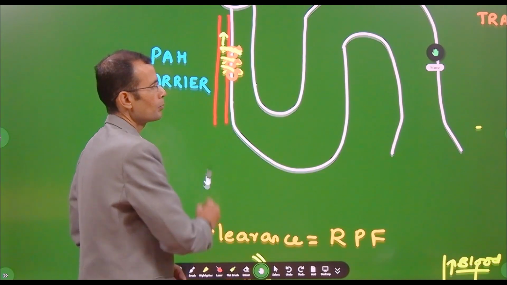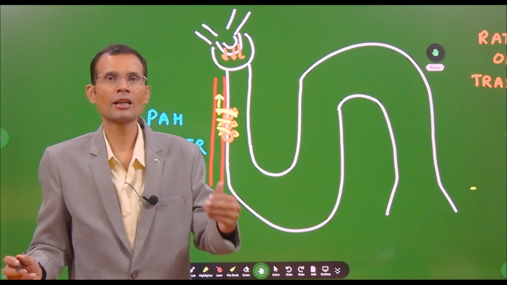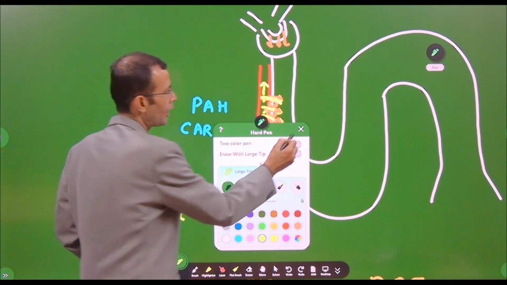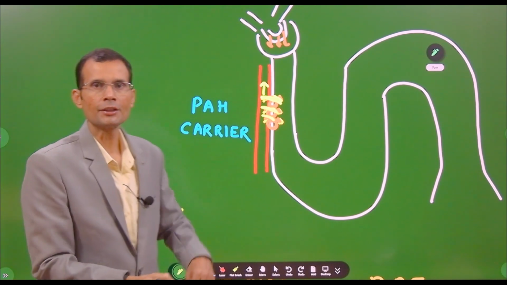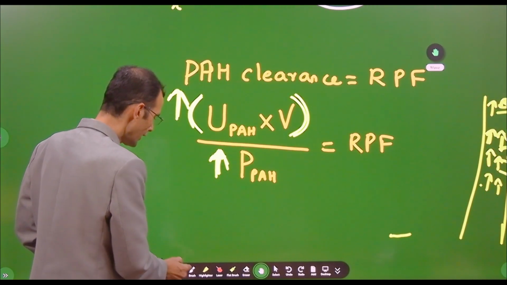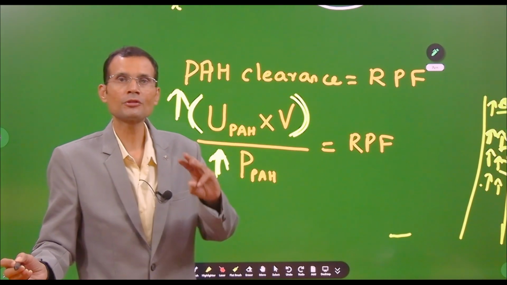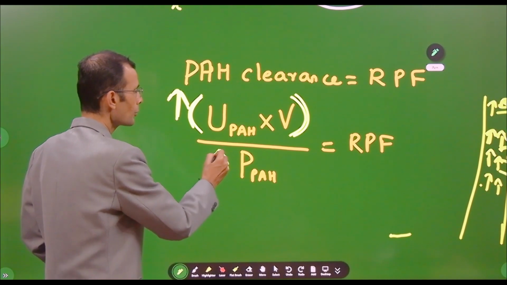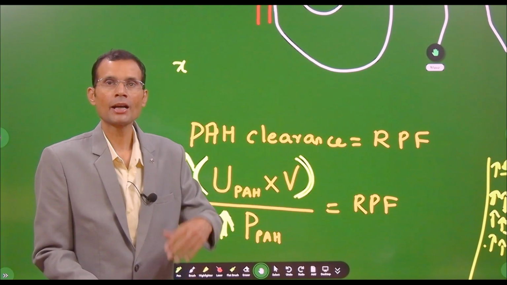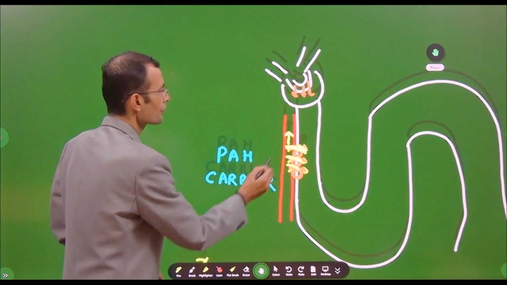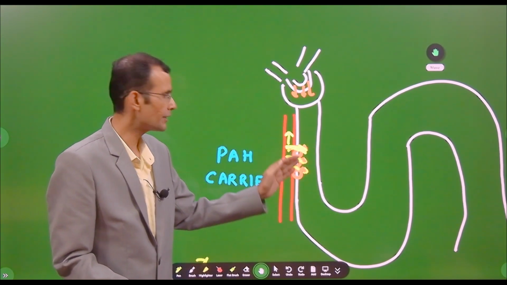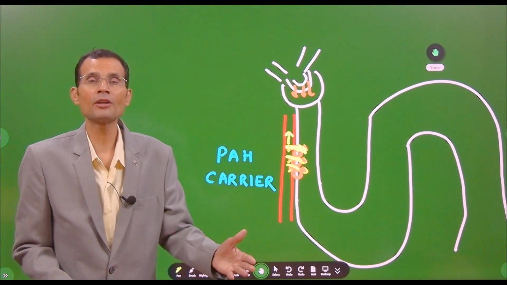But if by mistake you give 3 times the recommended dose, now what will happen? Now the carriers have got saturated in the PCT. Its plasma concentration is increasing because you gave 3 times the recommended dose, but its urinary excretion rate cannot increase any further because its rate of secretion in the PCT by these carriers cannot increase any further.